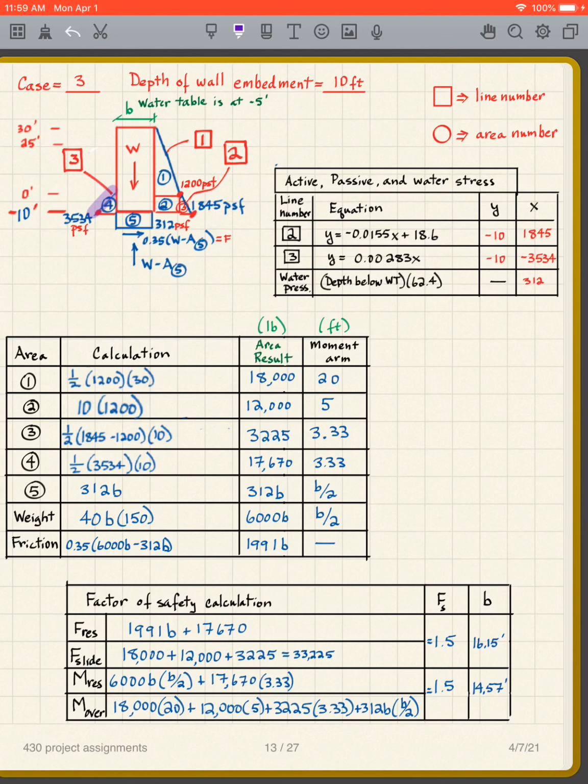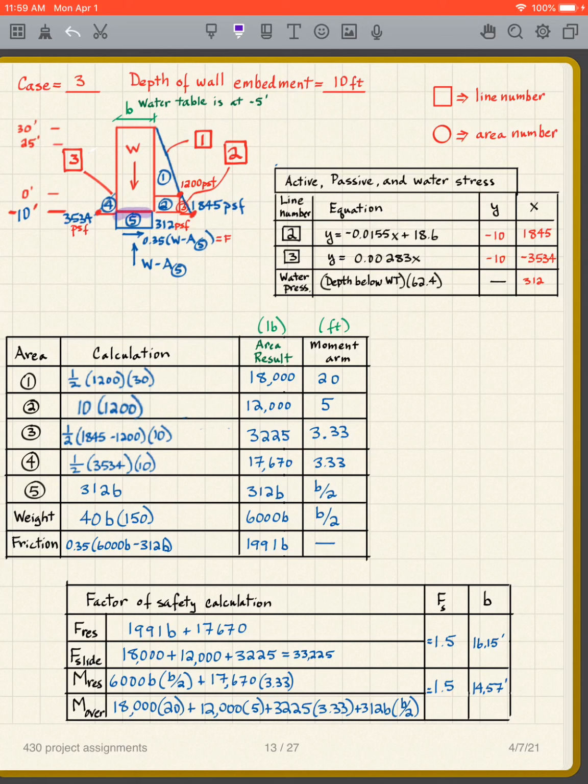For the passive zone, I'm using line number 3. Line number 3, we developed this equation for line number 3. Again, I put -10 in here. I solve for x, I get -3534. So that means that this value here is 3534.